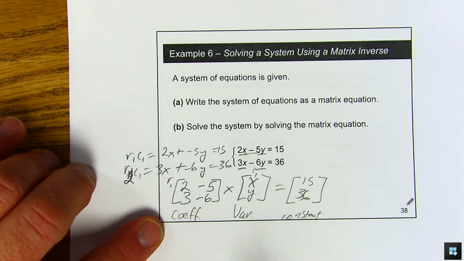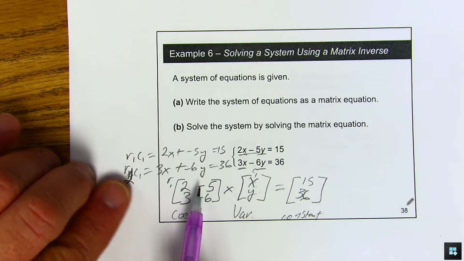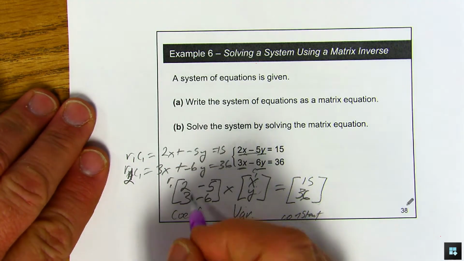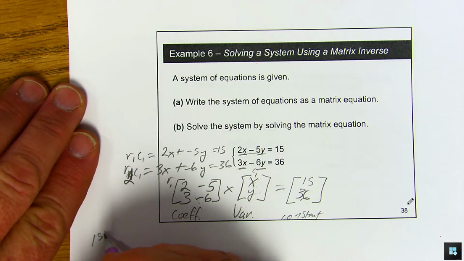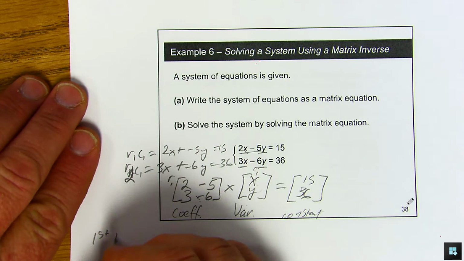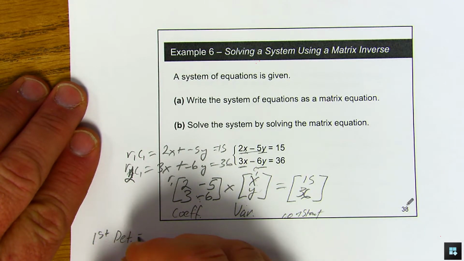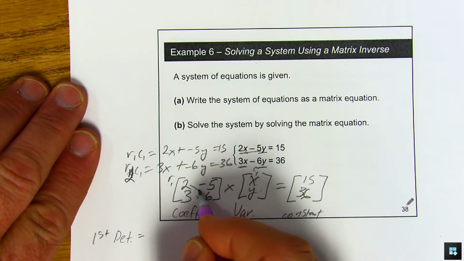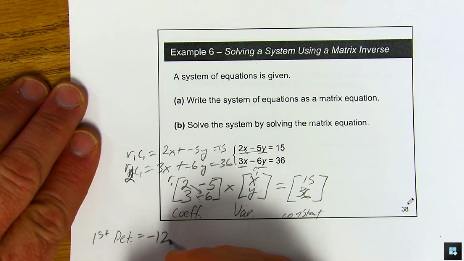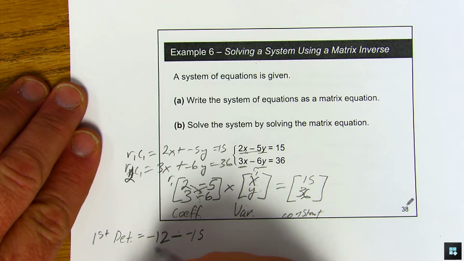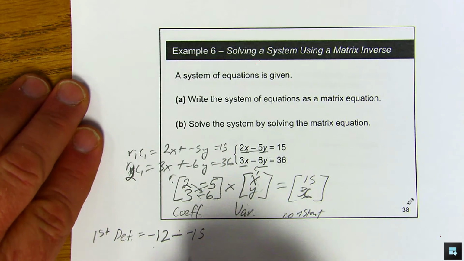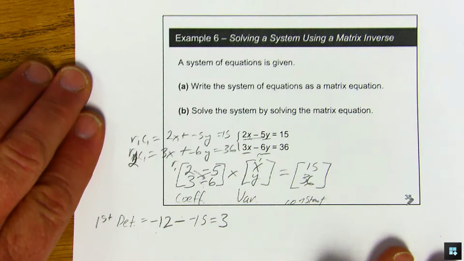What we need to do is find the inverse of this guy so we can multiply by him. To find the inverse of this matrix, do you remember what we did? The first step is we find the determinant. We take 2 times negative 6, negative 12, minus negative 5 times 3, negative 15. Negative 12 minus negative 15 equals 3.